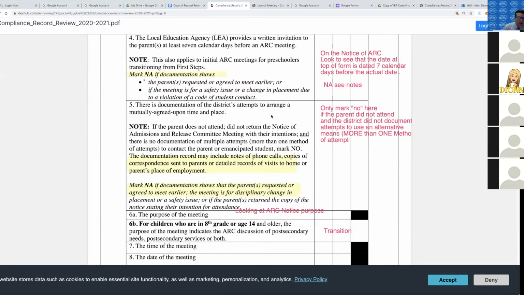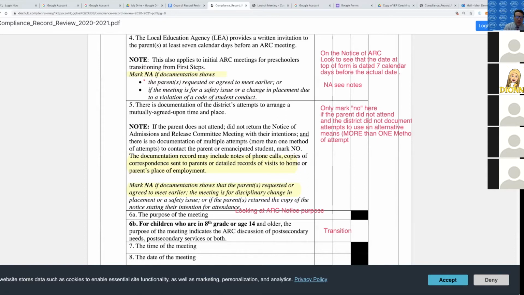It does say you can mark NA if documentation showed the parent requested or agreed to meet earlier, or if the meeting is for a disciplinary change in placement or a safety issue. So we're looking at that ARC notice, and we're looking at whether or not there's a 7-day calendar gap there.